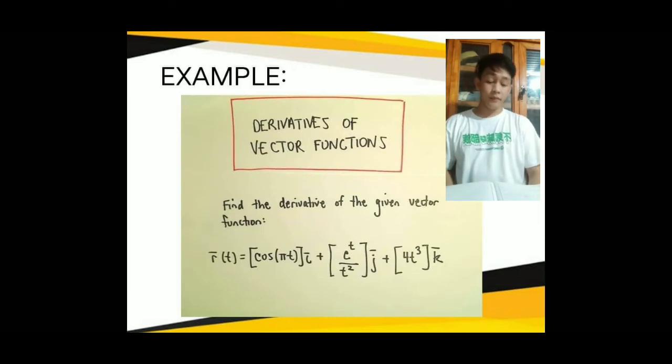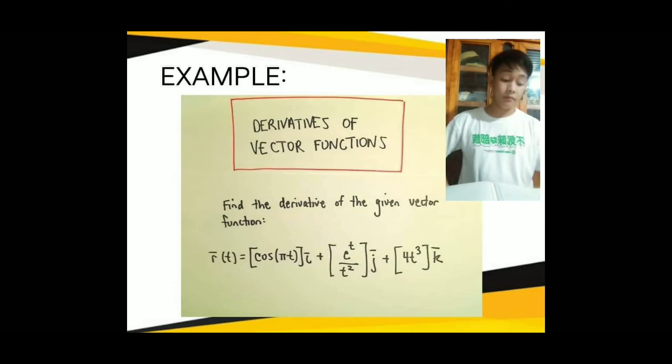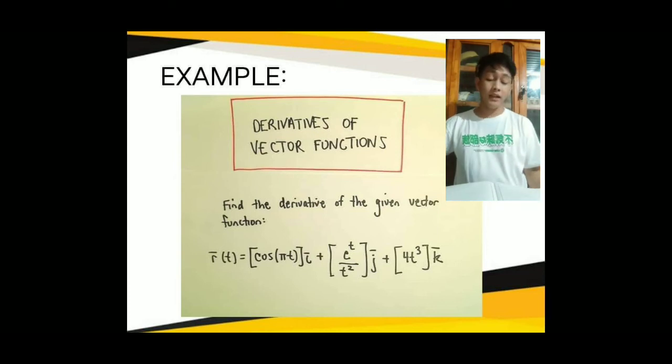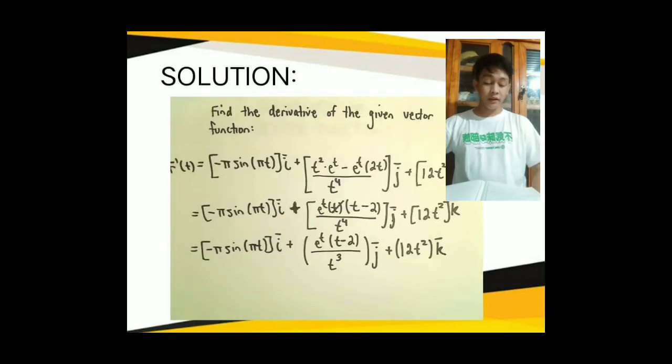And now this is my example, where we're going to find the derivative of a given vector. The given is r(t) equals cos(pi t) i plus e raised to the power of t over t squared j plus 4t cubed k. First, we get the derivative of cos(pi t) i.